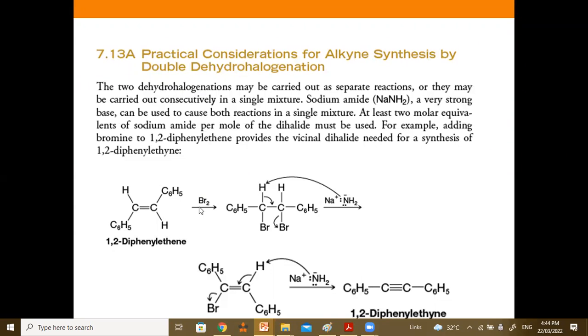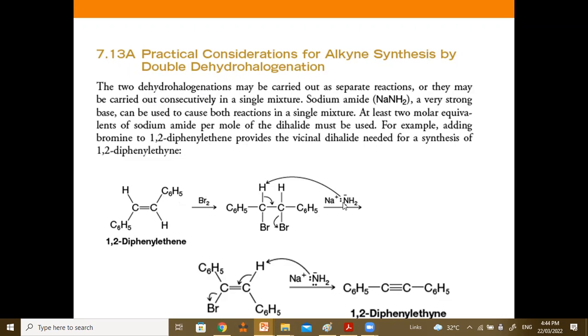The first step is a bromination reaction. We have our bromine here, Br2, a halogenation reaction. We have our alkene, and we have halogens added to your double bond and produce a vicinal dihalide.